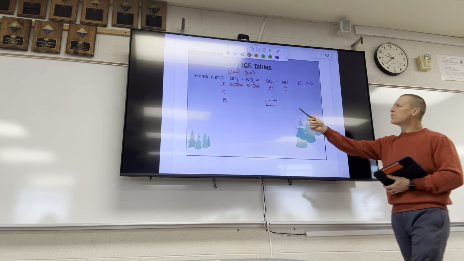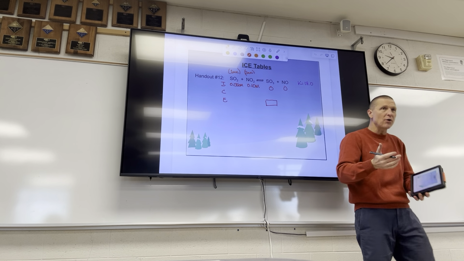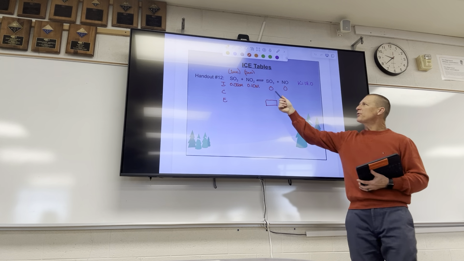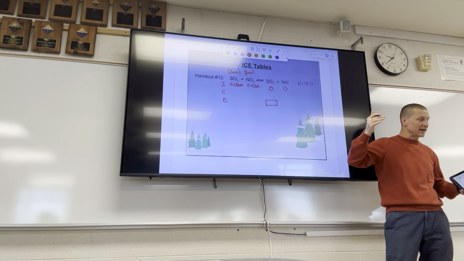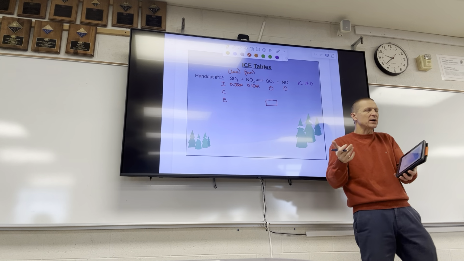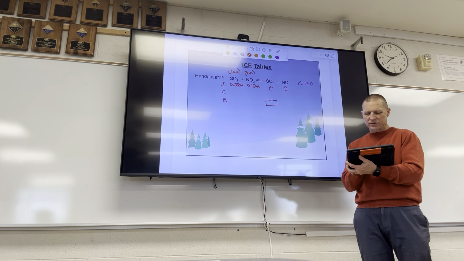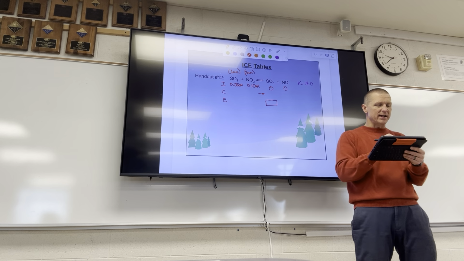Okay, so this is what we're trying to find, the equilibrium amount of SO3 that's made. Initially it was 0, but then some of it's going to be made. So both of our products are 0 initially. You can't end with 0 of anything in equilibrium. Equilibrium means you're going to have some reactants, some products present. So the reaction is going to have to go to the right. And as it does that, I don't know how much goes to the right yet.